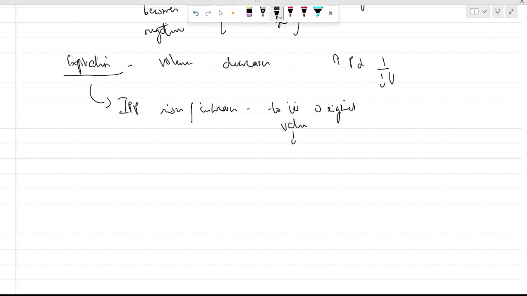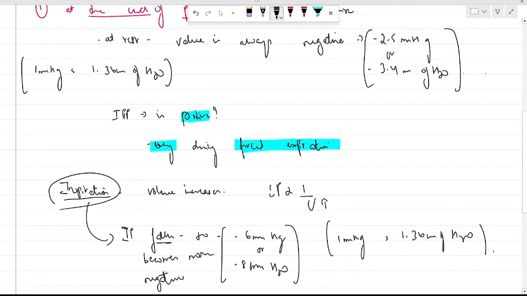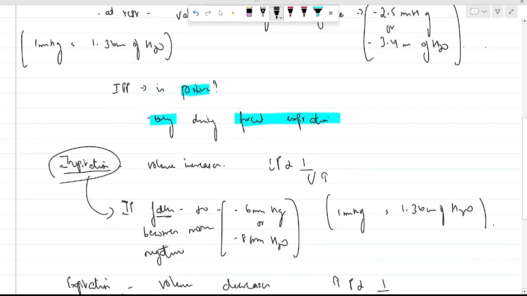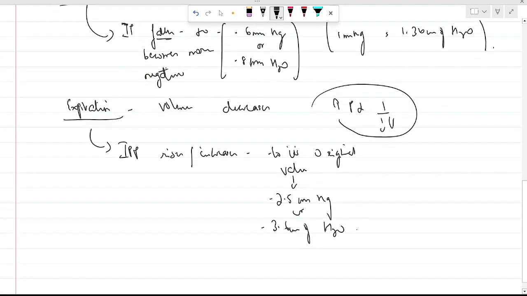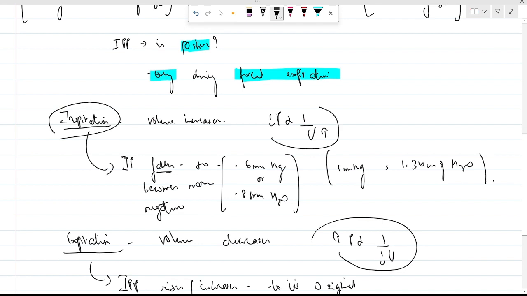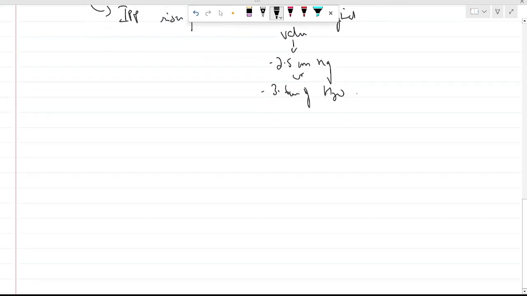What is its original value? Minus 2.5 millimeters of mercury or minus 3.6 centimeters of water. Very important concept here: when intrapleural pressure is negative, when positive, when it increases, when it decreases. First we remember Boyle's law, then it becomes easy to see what happens during inspiration and expiration, and that it is positive only during forced expiration, otherwise at rest it is negative.